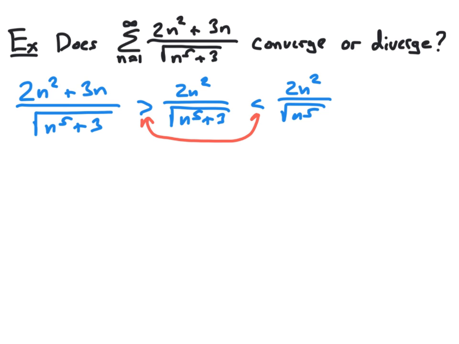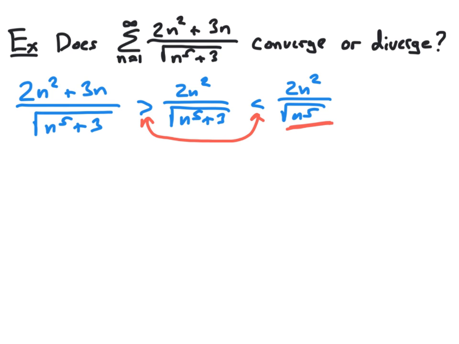However, if we look at these two inequality signs, we notice that they're pointing in opposite directions, and therefore we're unable to conclude from this algebra whether the term of our original series is less than or greater than the term in our new series, 2n squared over the square root of n to the fifth.